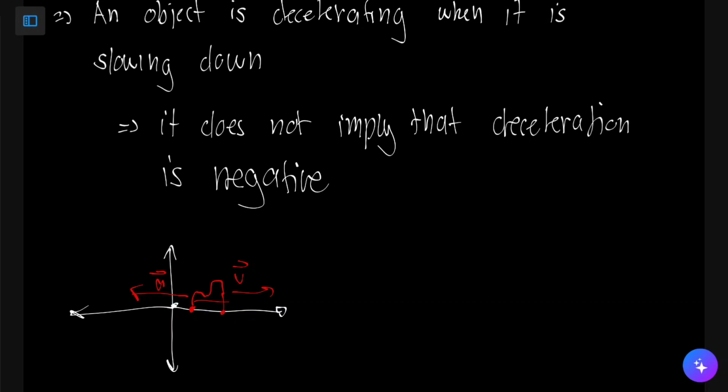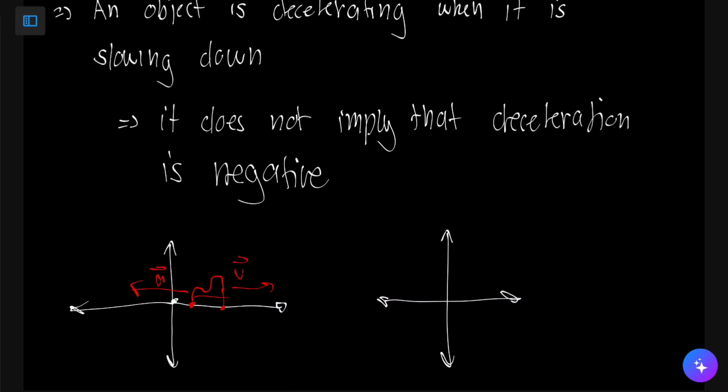If you are traveling towards this way, so this is your velocity pointing towards the left, and you're also decelerating, your acceleration will be towards this way.